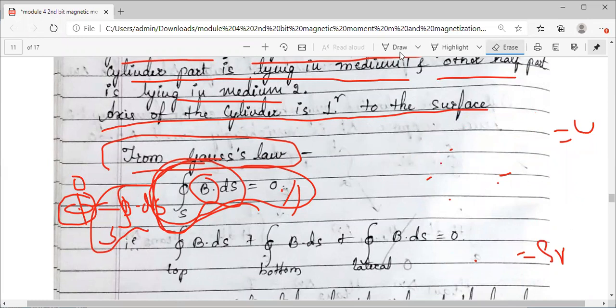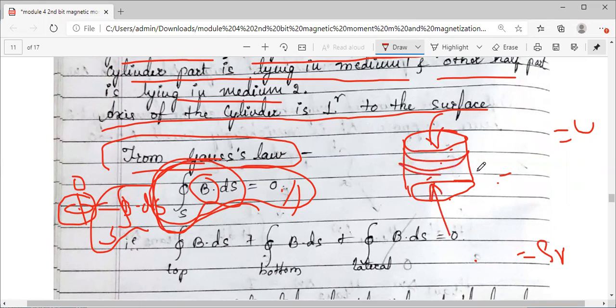And please try to recall in the theory part we have seen, whenever we consider a cylinder and its different surfaces, in Gauss's law applications, totally 3 different surfaces will come for the cylinder: top surface, bottom surface, and the lateral, the complete curved area. So totally 3 different areas will come in this cylinder.